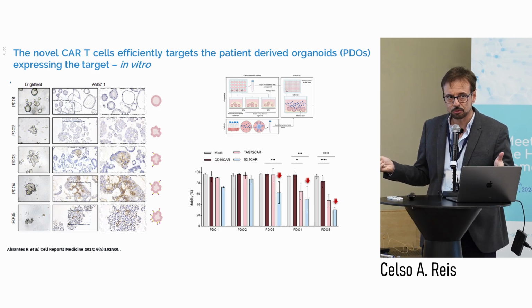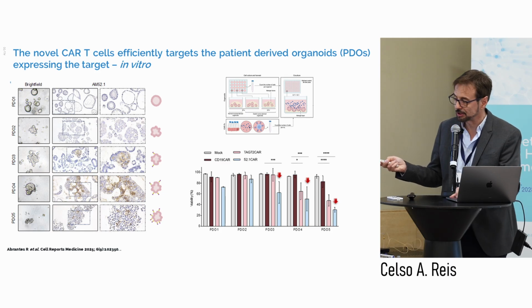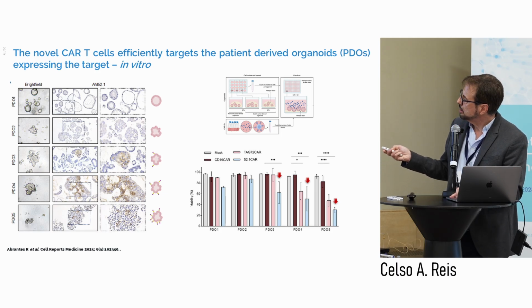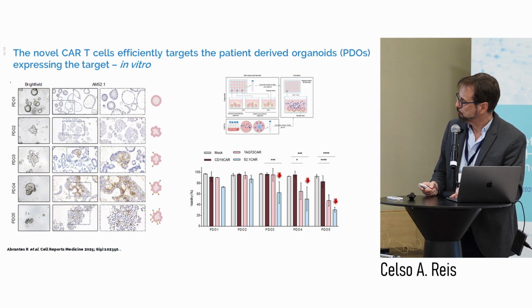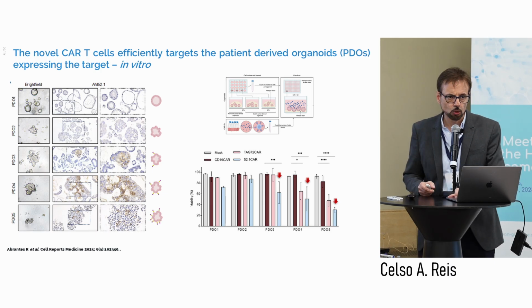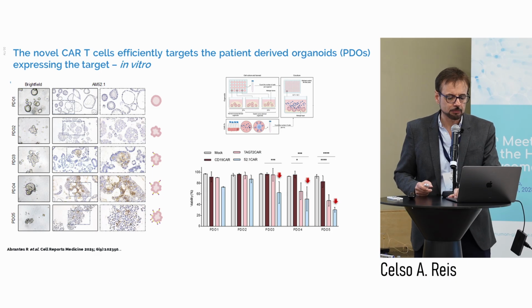So the intestinal subtype and the diffuse subtype of gastric adenocarcinomas. And we saw again, from this patient-derived organoid, a decrease in the viability of the tumor treated with the CAR.